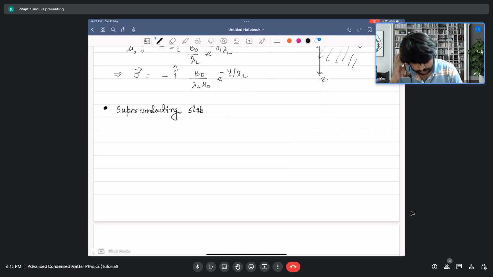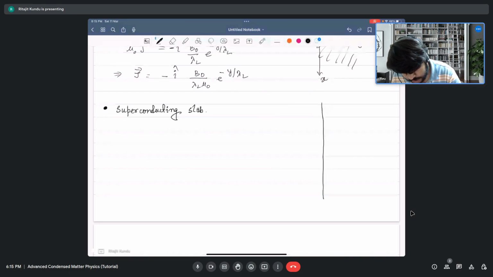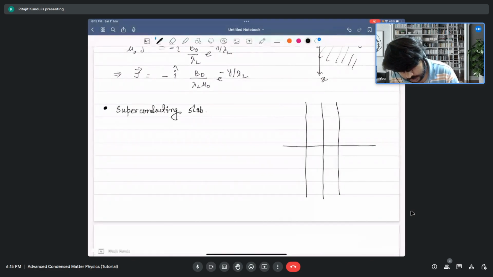By that I mean that I have a superconductor which is actually between these two lines. This is my y direction, and this is again my x direction.